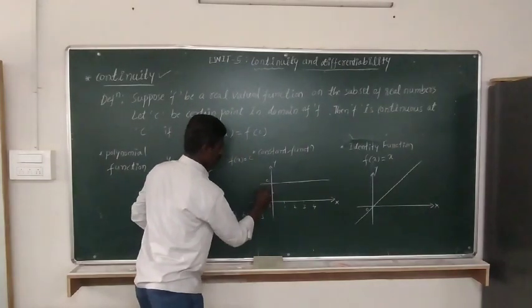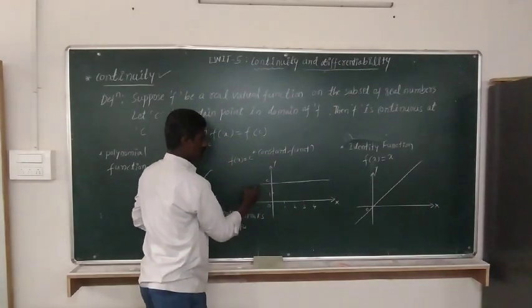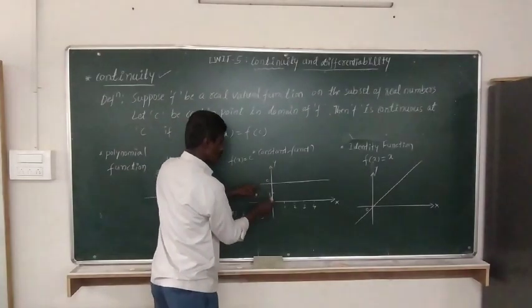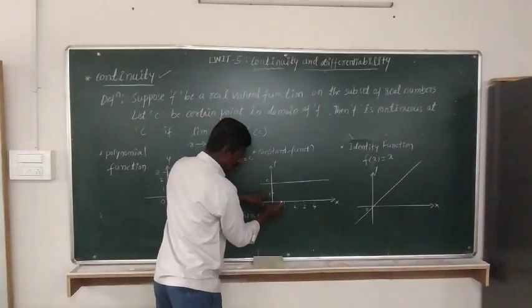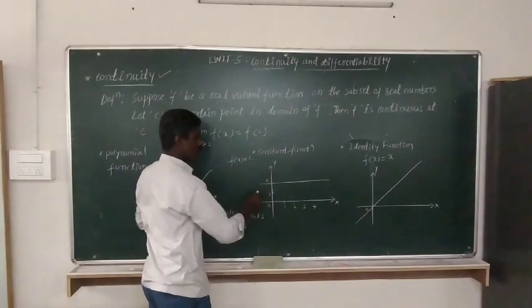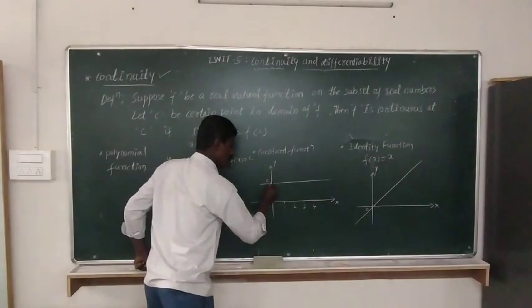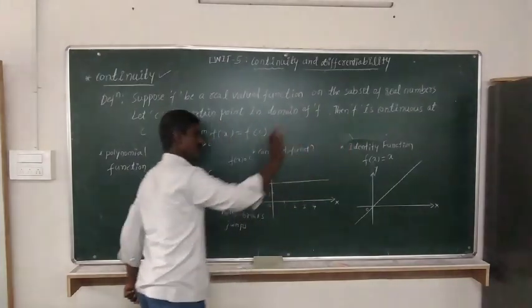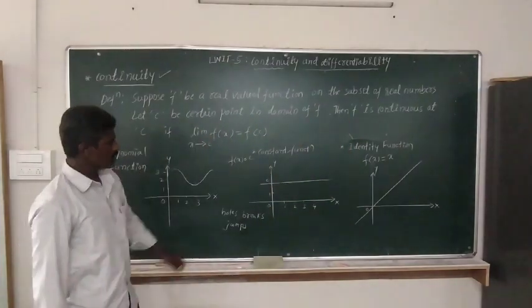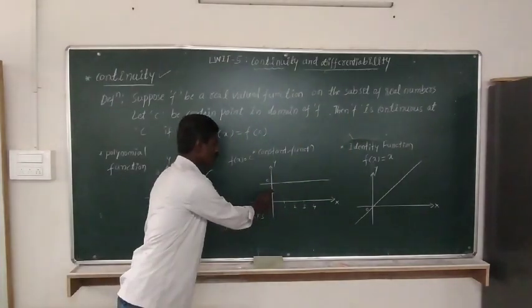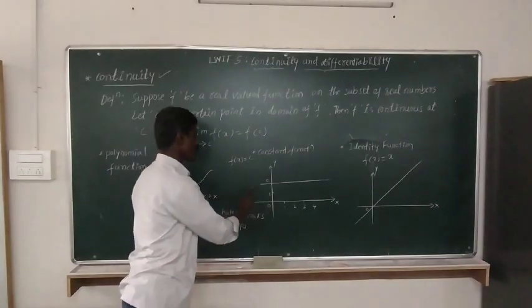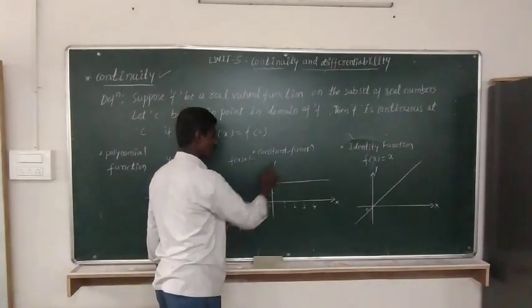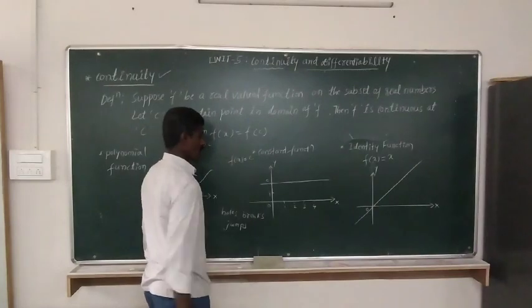So the function is constant for any value of the domain. We can draw this graph without lifting a pen or pencil, extending it infinitely. Hence, the constant function is a continuous function.